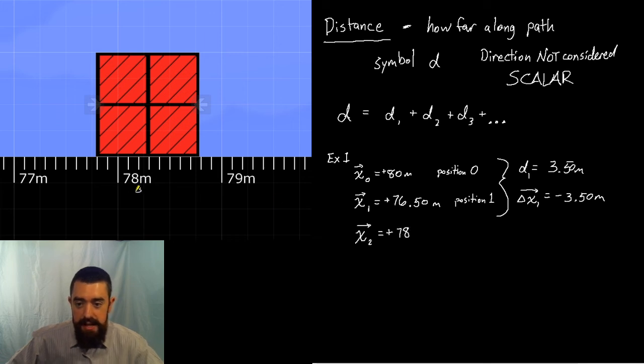I see 78 right here is the long. It hasn't gotten all the way to 79 yet. 78.1, 78.2, and I'm just barely shy of 78.3. So 78.29, I guess I'll say. No, that's fine. So this will be called position 2. Okay.